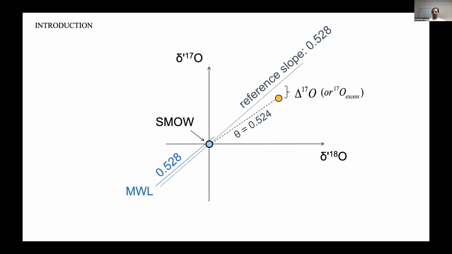What we're doing in this field is mainly looking at theta values. We try to determine what the slope is for a specific fractionation process in this space. If the theta value is different from the reference slope, you will induce some variation in the cap delta 17O.